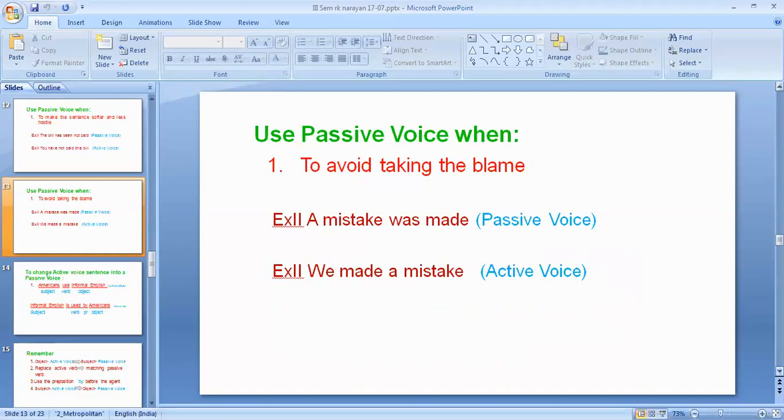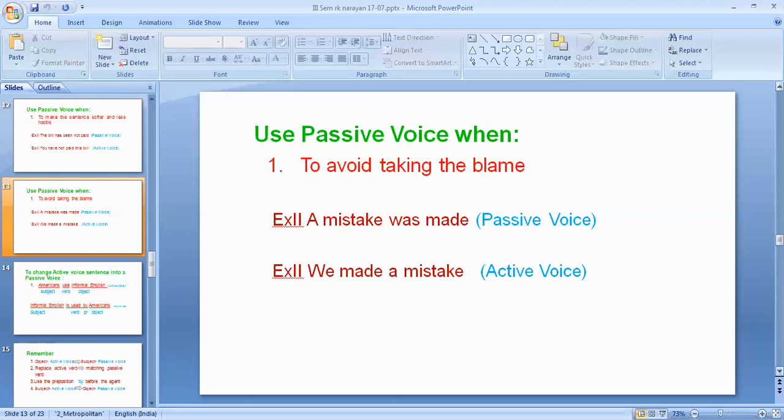For example, the first sentence says that a mistake was made. Something has happened: a mistake was made. Here made is the verb, and what is it done on? A mistake was made. So mistake is the receiver of that. But in the next sentence, if you observe, we made a mistake. Who made the mistake?